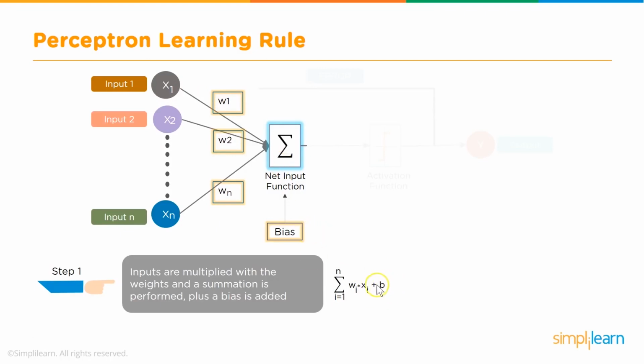The bias is not dependent on the input values, but the bias is common for one neuron. However, the bias value keeps changing during the training process. Once the training is completed, the values of these weights, W1, W2, and so on, and the value of the bias get fixed.